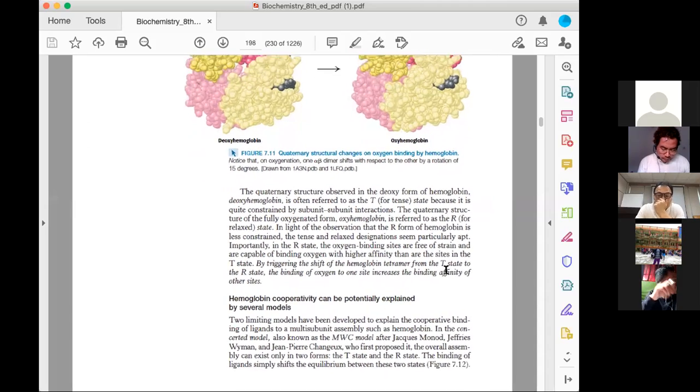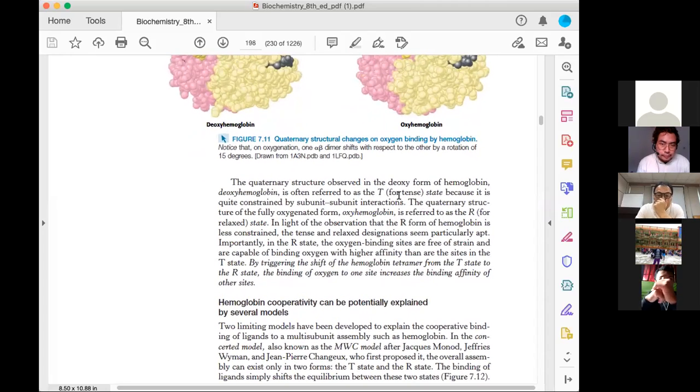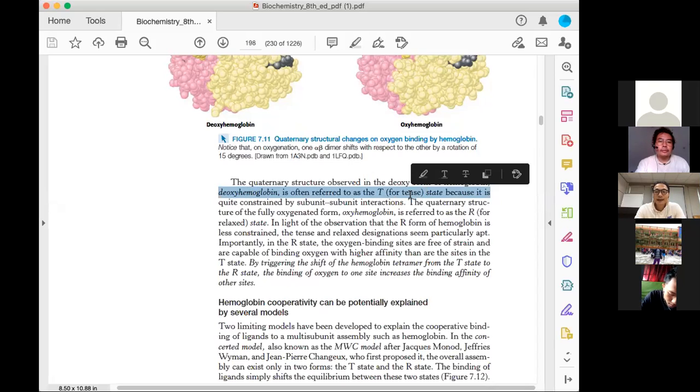Can you see the graph right here? The quaternary structure observed in the deoxyform of hemoglobin, this means the hemoglobin without oxygen binding. It is often referred to as T or tense.